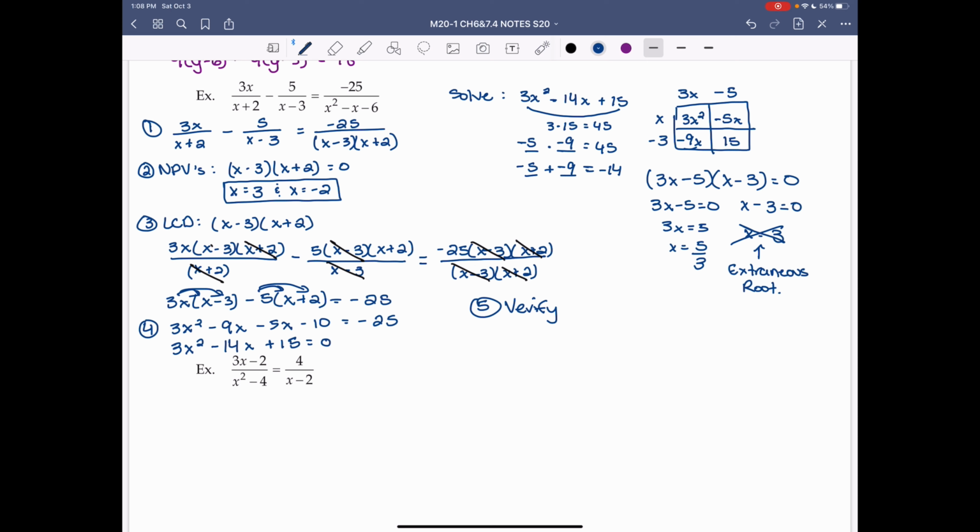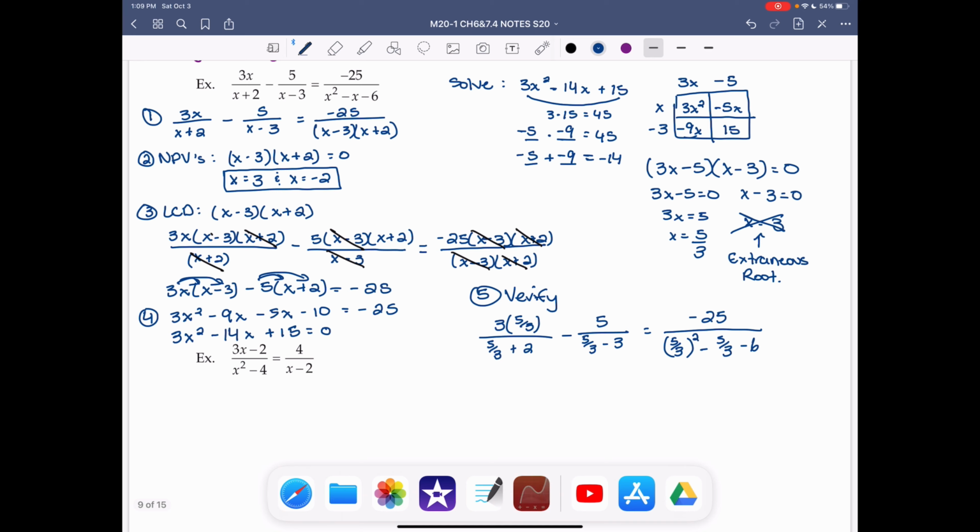And then x equals 5 over 3, we need to check by plugging in. We have 3 times 5 over 3 over 5 over 3 plus 2 minus 5 over 3 minus 3 equals negative 25 over 5 over 3 squared minus 5 over 3 minus 6. I'm going to plug this into my calculator.